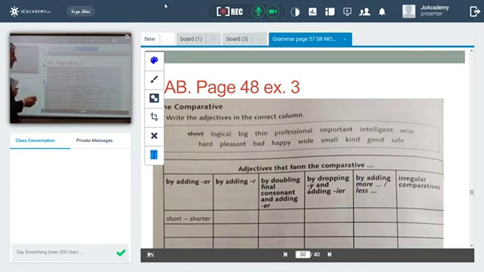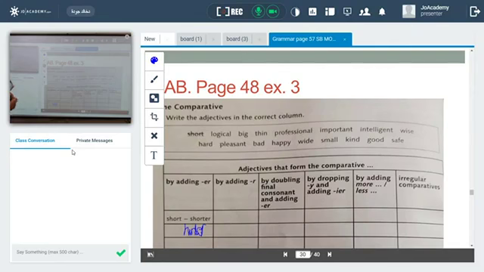Good. Yeah, we have hard. It becomes harder. We add ER. Okay. And what else? Tell me if we need to add more in this.